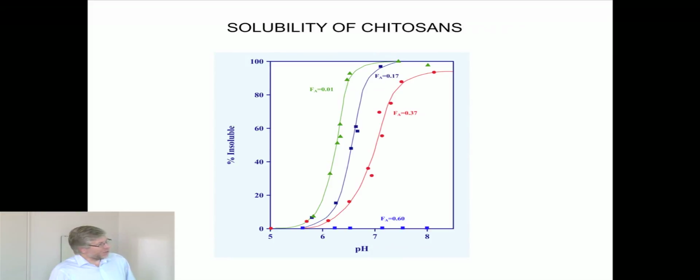As you see, Fa 0.6, it's soluble at all pHs. This is very, very nice. So you can use this chitosan and keep it in solution even at high pH. The reason for that I will not discuss today. I can discuss it with some of you afterwards if you like.